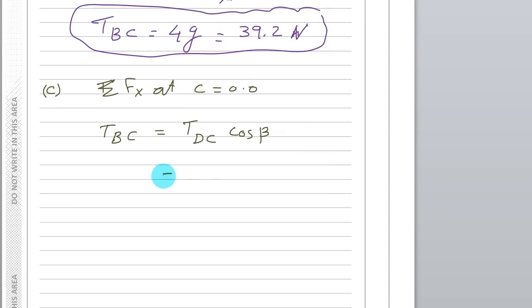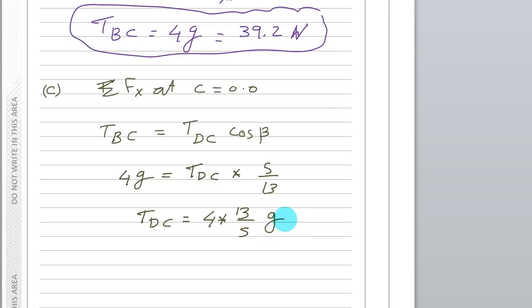So it equals T_DC times 5/13, and T_BC is equal to 4g. So T_DC is equal to 4 multiplied by 13/5 g. And this is the first equation that I need.